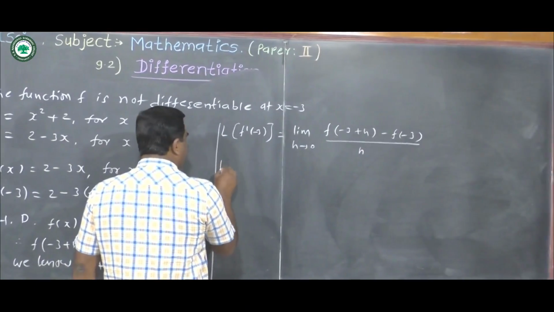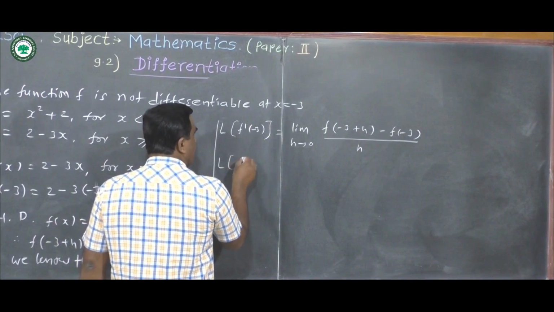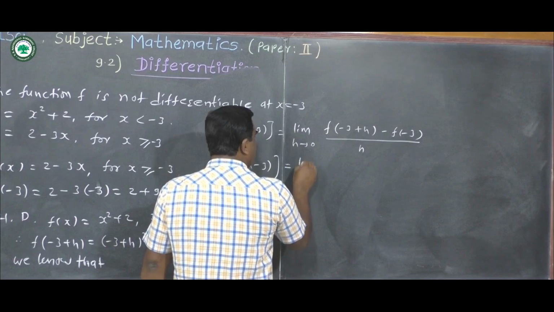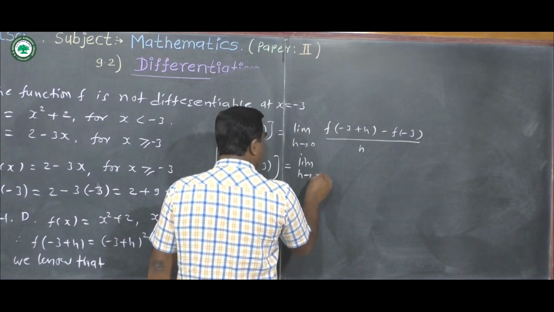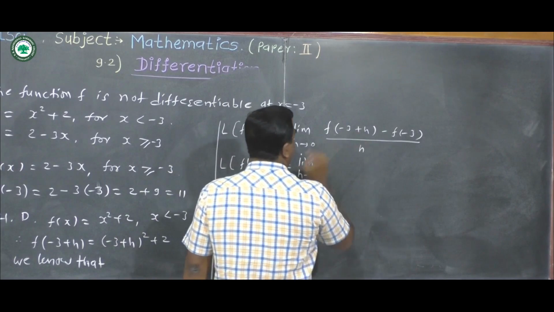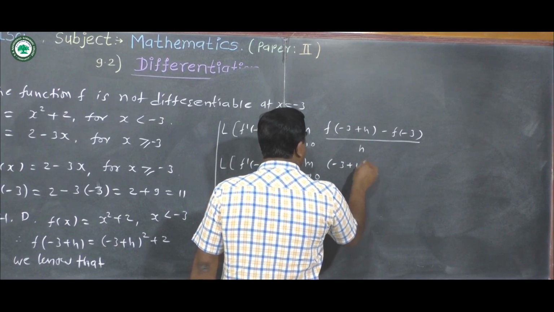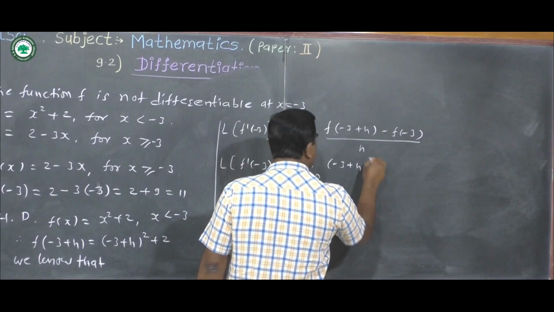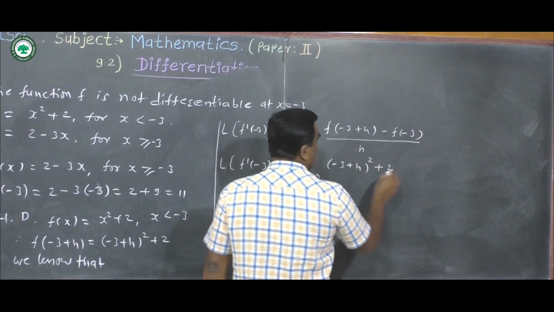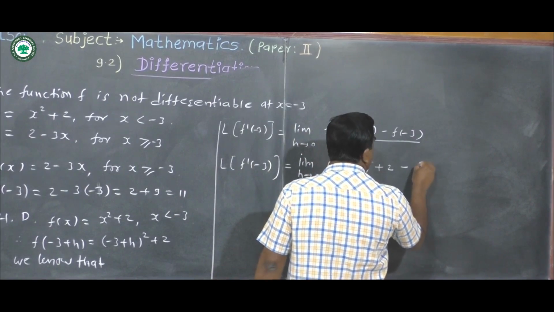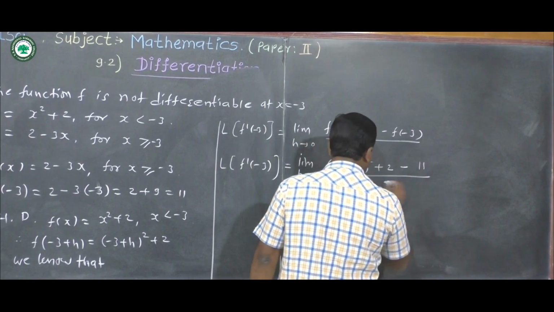Now we can put values of f(-3 + h) and f(-3). That is, we get here the left hand derivative L f'(-3) is equal to limit h tends to 0 of [(-3 + h)² + 2 - 11] upon h.